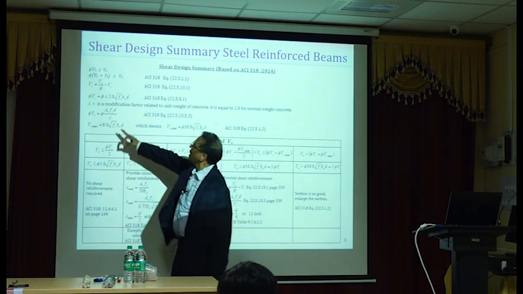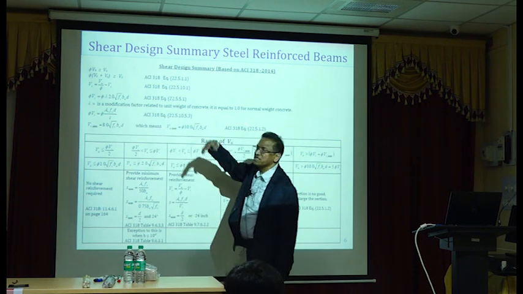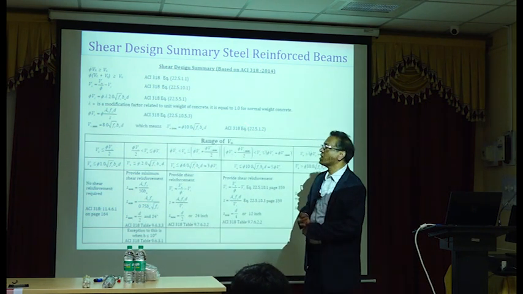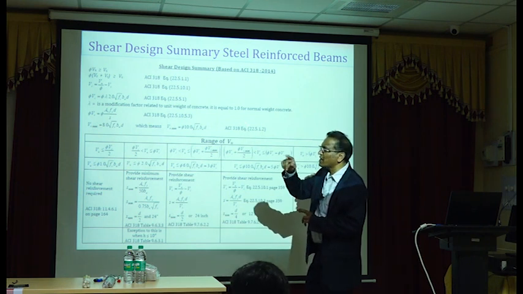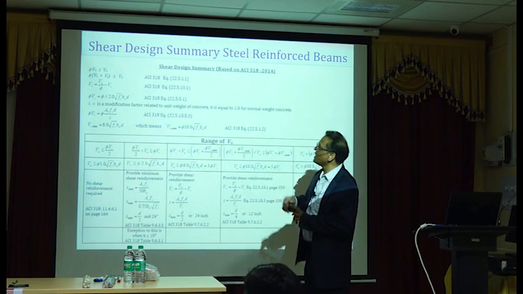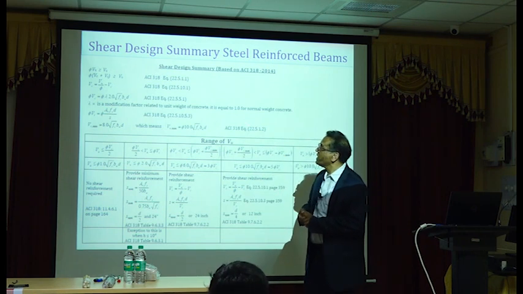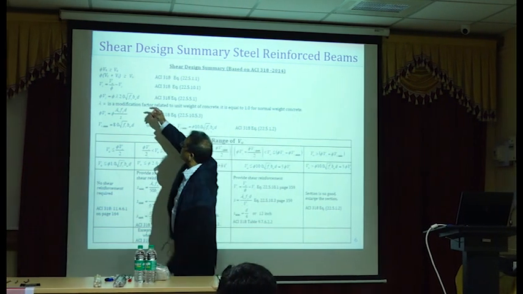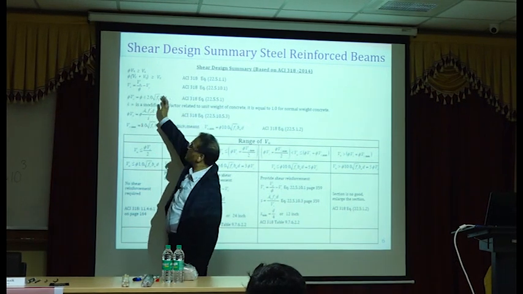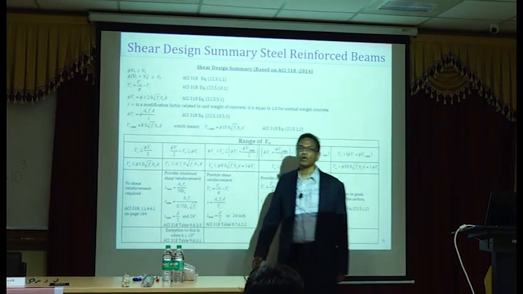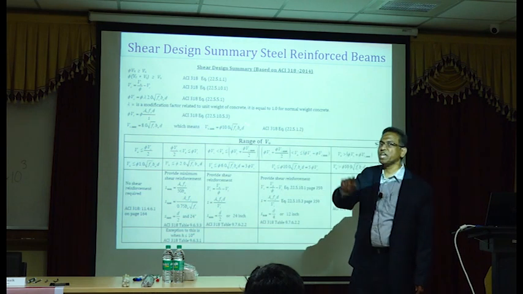So VC, which is the contribution of shear from just concrete, dowel action and aggregate interlock, is 2 times square root of f prime c times shear area. I don't think you can read this, but that's the expression.